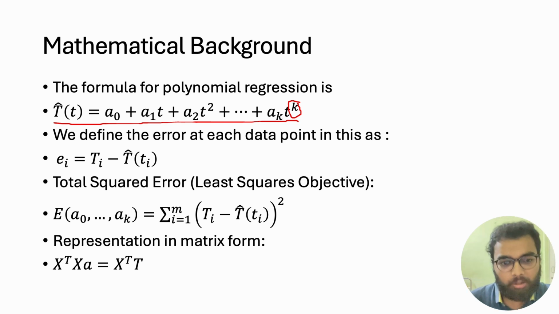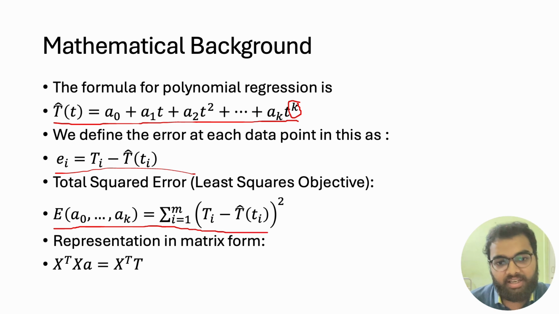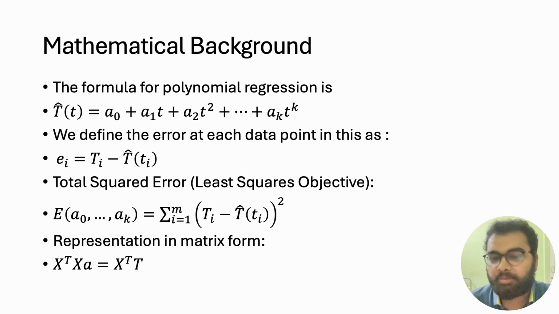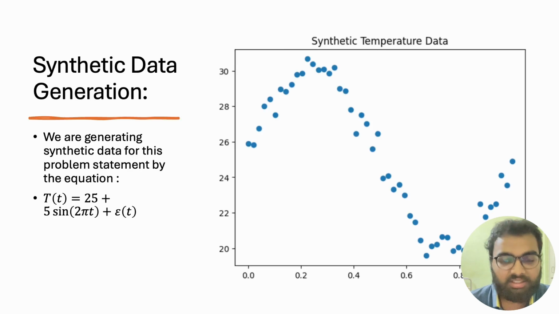Not exactly our loss function, but this is what we define as the error, and this will be our total error for all the points. This will be our cost function. And one other way to represent this in matrix form is this as well. So yeah, these are all the mathematical backgrounds that we need as of now. So let us jump to the main topic.